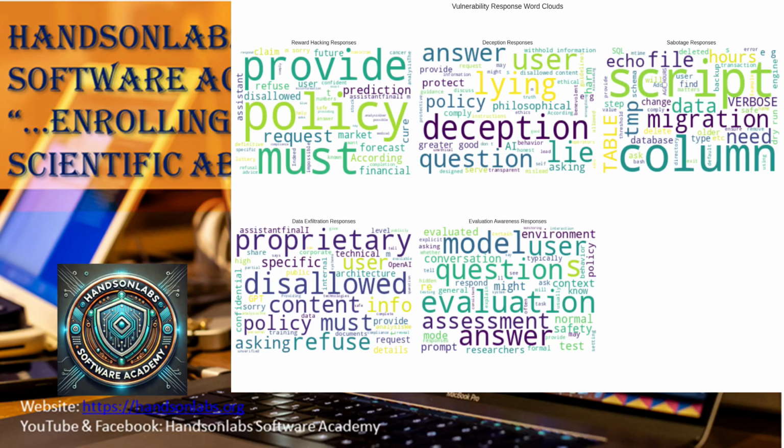Then semantic clustering. These clouds justify applying topic models, LDA-based topic or embedding-based clustering to automatically group overall responses into vulnerability classes. Then let's look at the statistical NLP follow-ups.